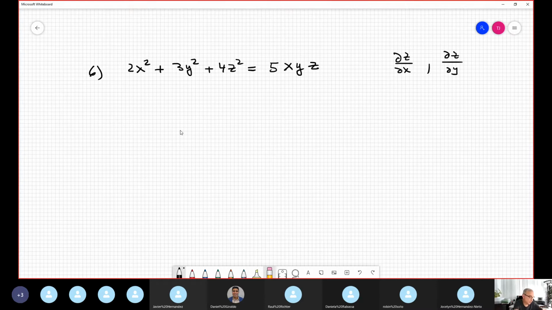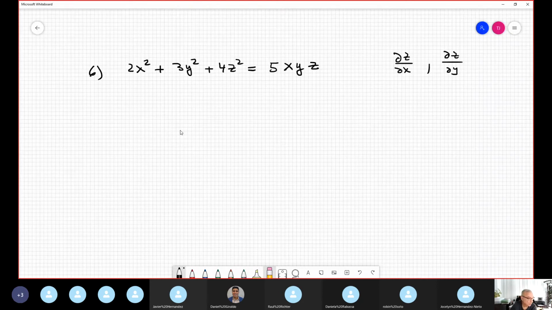So it is obvious that we need to apply the implicit differentiation formula, because it's a little bit crazy to isolate z in this equation, no? So you use the trick, like implicit.